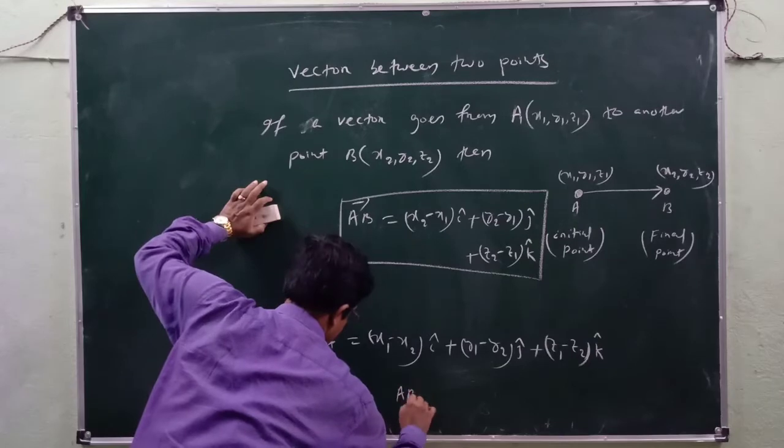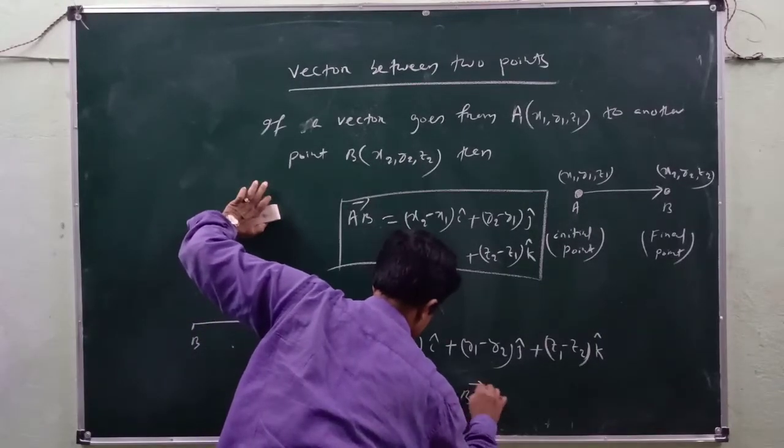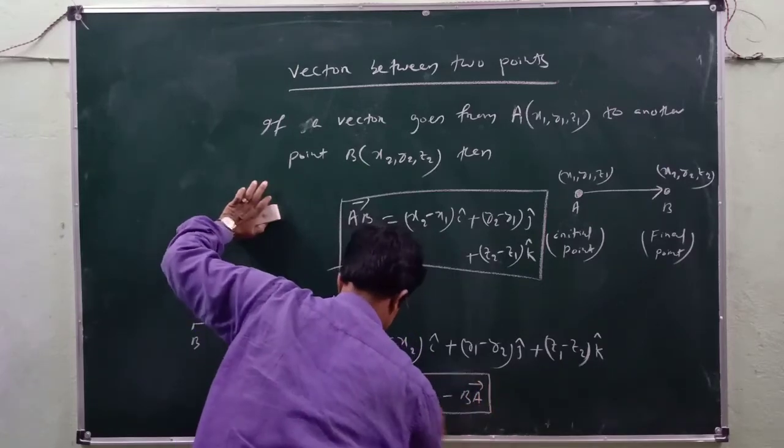Note that vector AB is equal to minus of vector BA.